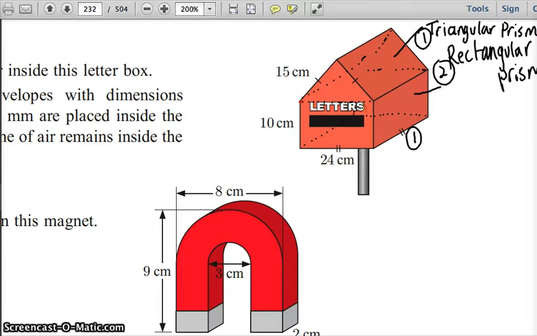We know that's 24. I'll just draw it up. We know that's 15. We don't know what that is, do we? Okay, how could we find that? We could make it a right angle. So what have we got here?